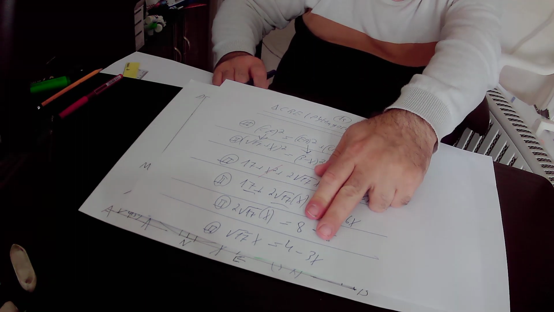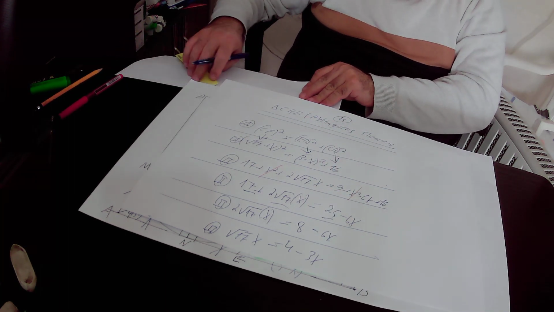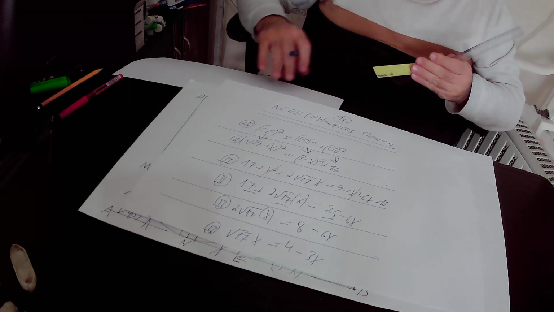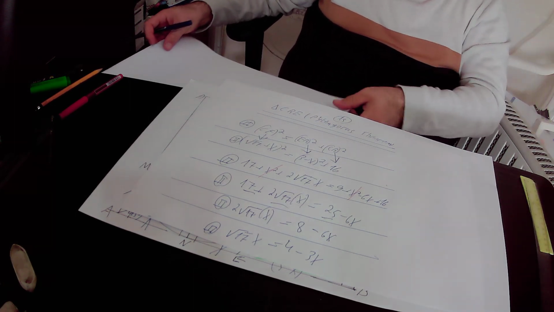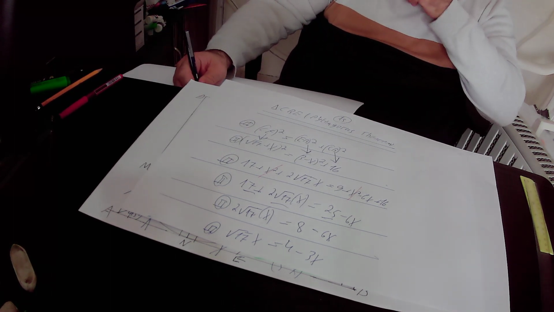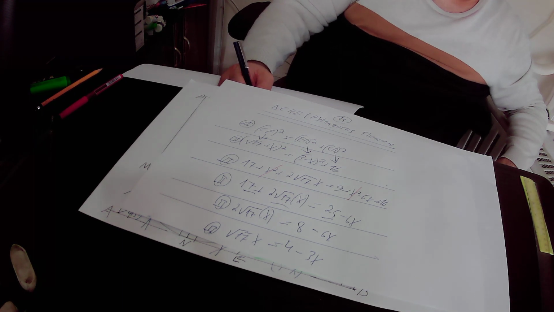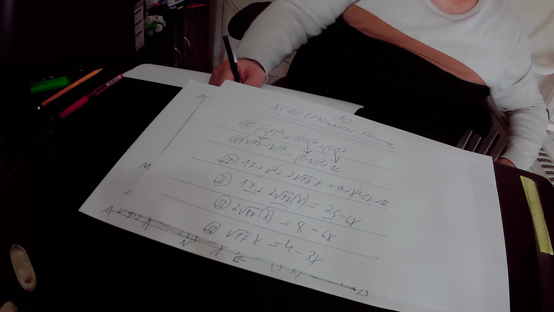Here we will add 3x to this equation, equation number 2, and we will get that square root of 17 x plus 3x equals to 4.